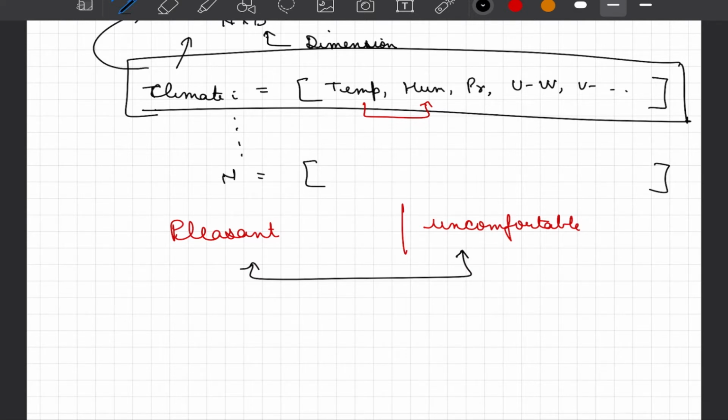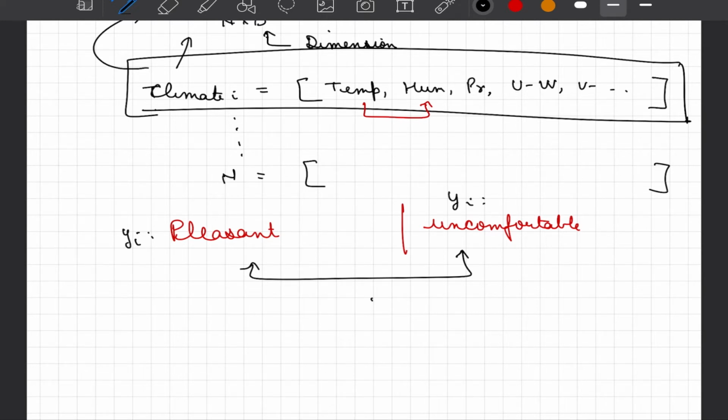So formally stating, the problem begins: given certain values of features encoded in xi, we have the label associated with yi, and these yi's are basically either pleasant or uncomfortable.